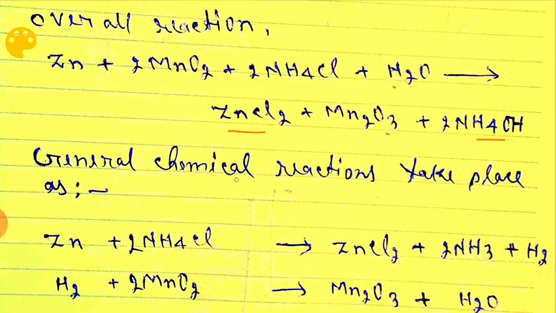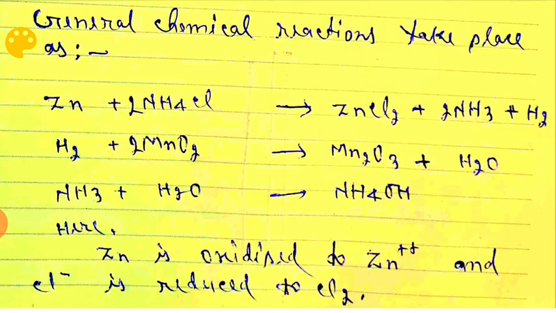Now the general chemical reaction is easy to understand. Those reactions take place at cathode and anode, but the general chemical reaction to understand is written here. Zinc is a reactive metal.